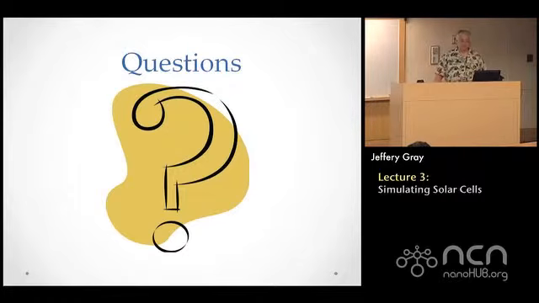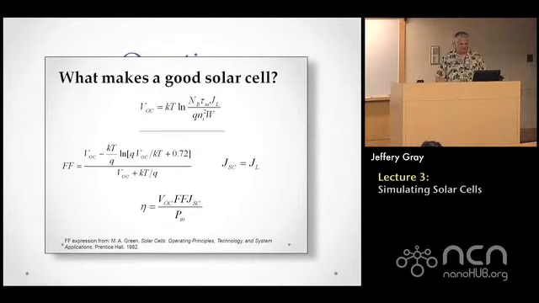No. In fact, if you go back to this equation that we showed earlier, it's exactly the opposite. It's in the denominator, so the advantage is to make it narrower.